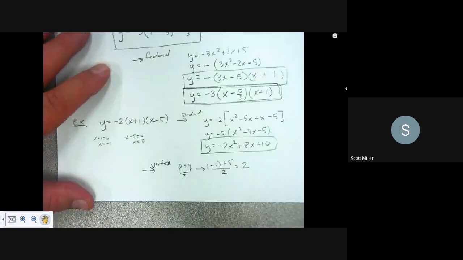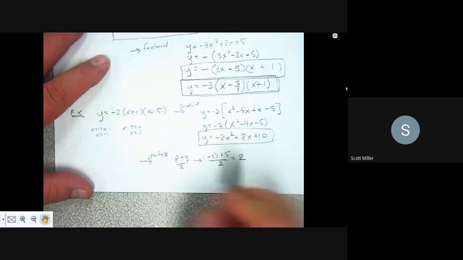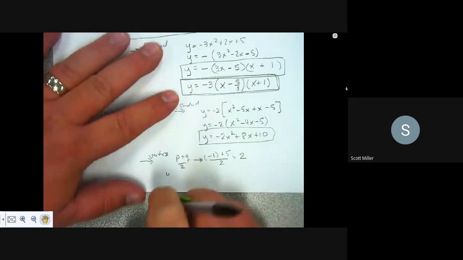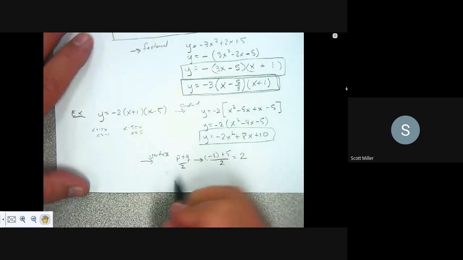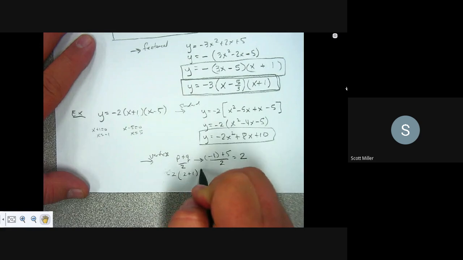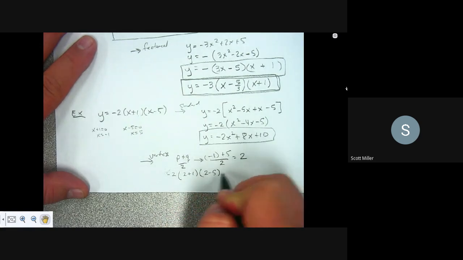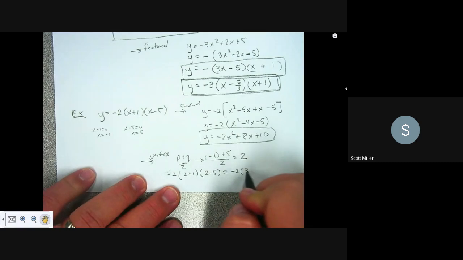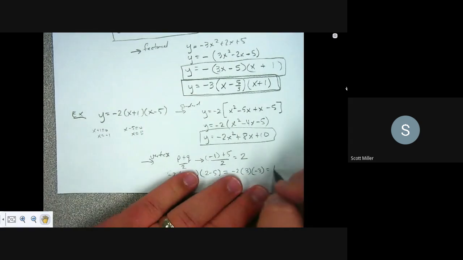So once you have that, take that number and plug it in. So I'm going to have negative 2 times (2 plus 1) times (2 minus 5). And when I work that out, it's a negative 2 times a 3 times a negative 3, and that is a positive 18.